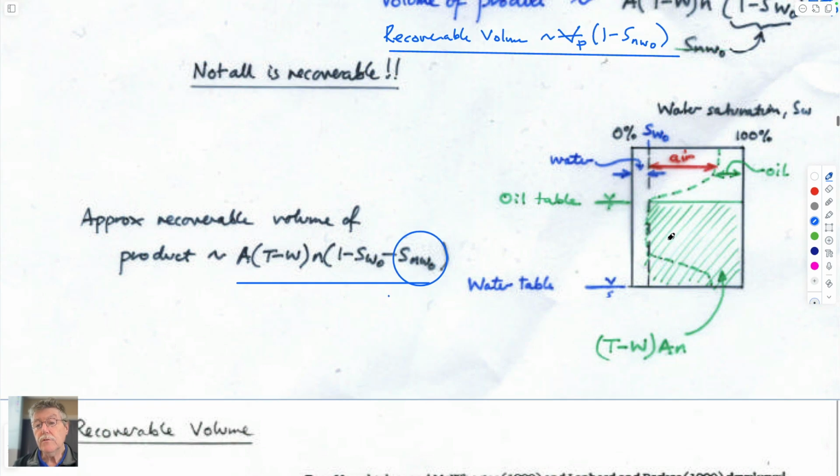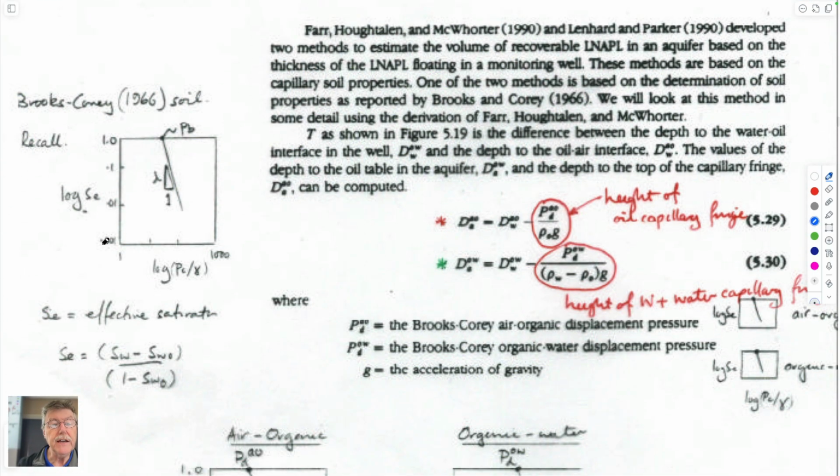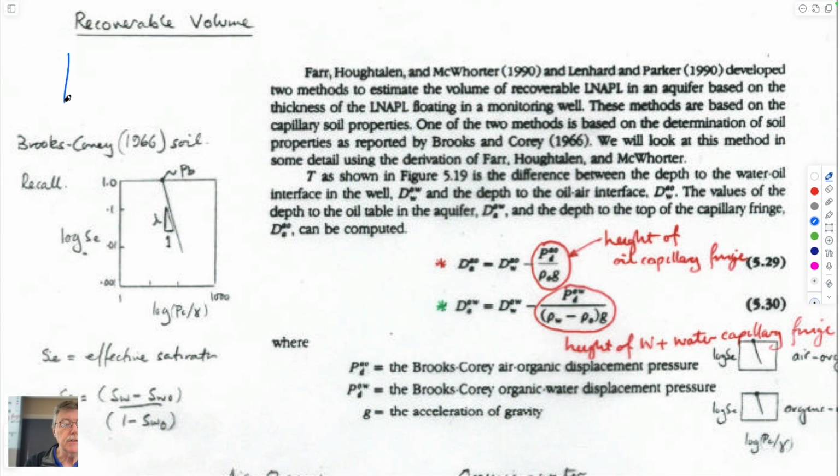So one reason for thinking about how these could look is that you can do something much more sophisticated with this. And you recall that we had capillary pressure curves that we've said we know look like this in terms of capillary pressure versus saturation.